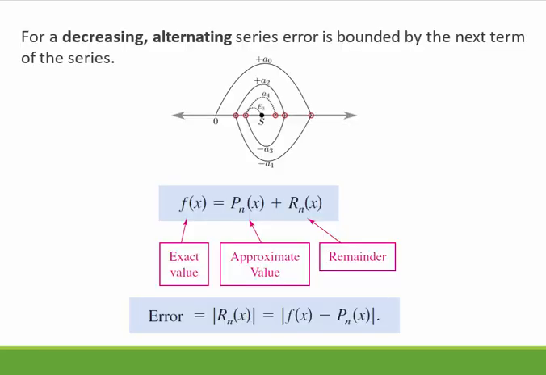So what we're doing is, for a decreasing alternating series, you're trying to get to your sum and you keep flopping between. So sometimes you're above the sum, sometimes you're less than the sum, and you keep flopping back and forth when we're dealing with an alternating series. So our function, the actual sum, is the approximate value plus the remainder.